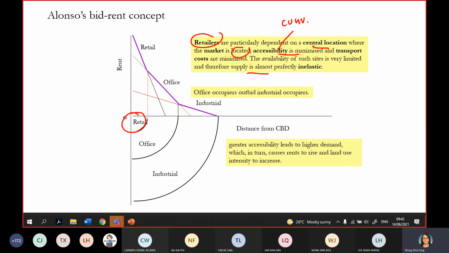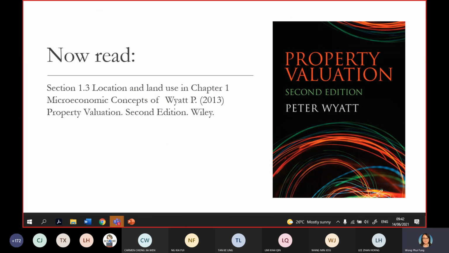Greater accessibility will lead to higher demand, which in turn causes the rent to rise and land use intensity to increase. So because the factory and the warehouse need a bigger place, it is not so feasible for them to locate at the city center. Okay, so that is the concept.